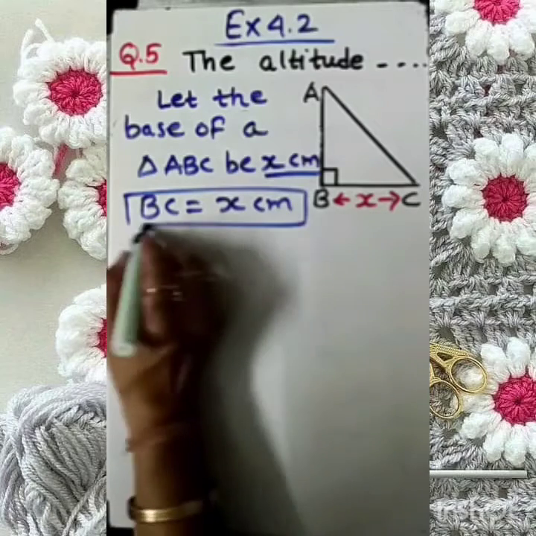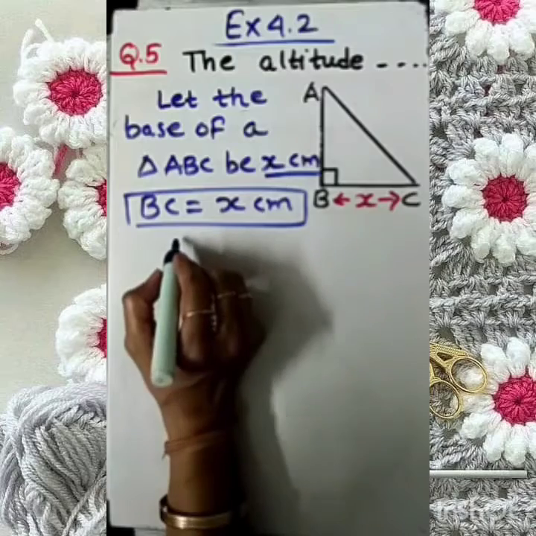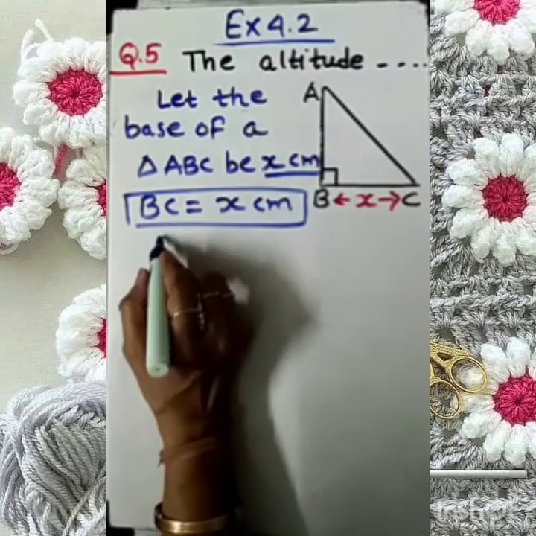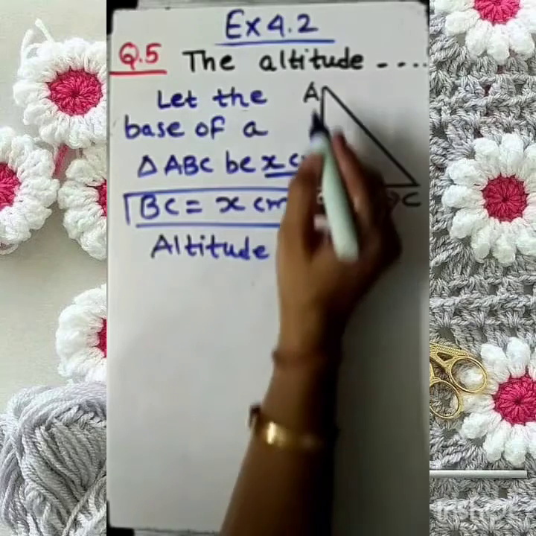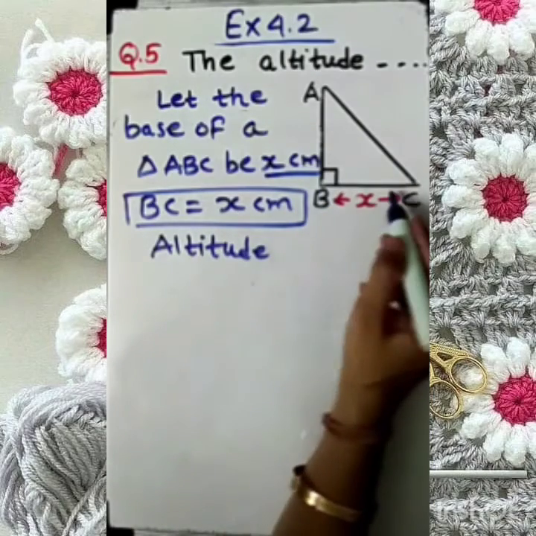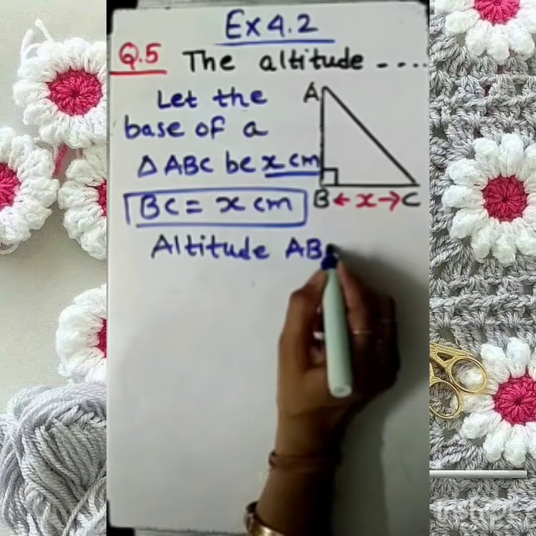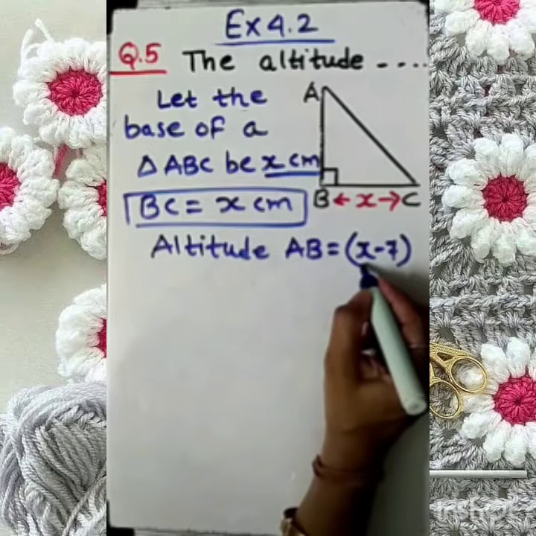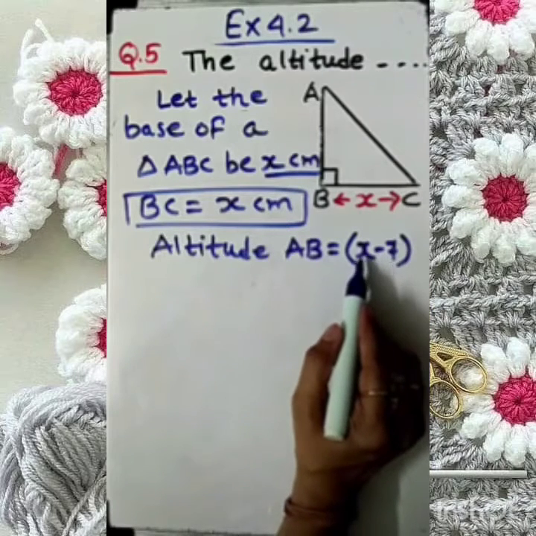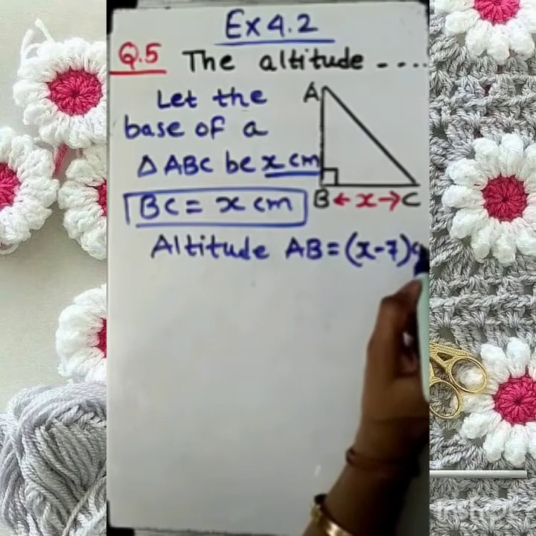Clear? Now let's come to the first line. We are given about the altitude. Altitude means AB. As I told you, altitude is a perpendicular line to the other side. Now what is the value? It is 7 centimeter less than the base. It means x minus 7 centimeter.